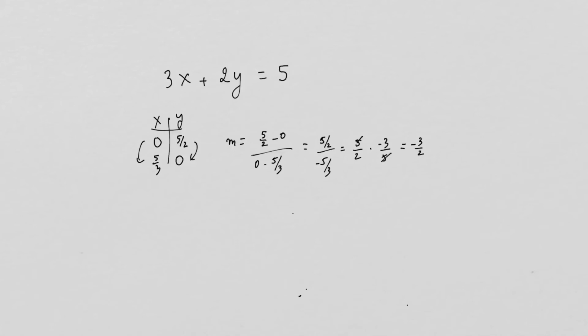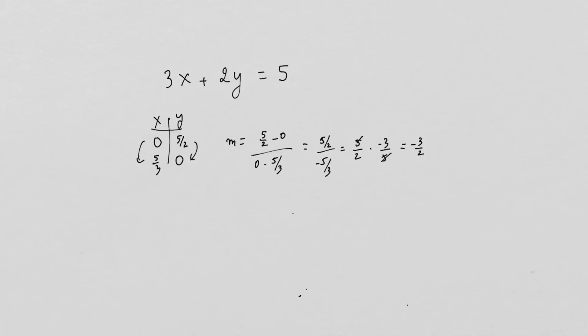But what I want to show you is, see how we canceled 5? This is really crucial. You see how the 5 gets canceled? When a number in mathematics gets canceled, it means it is irrelevant to the problem.